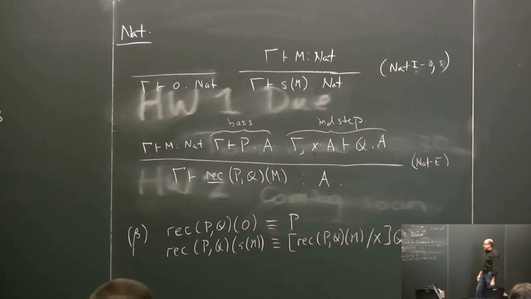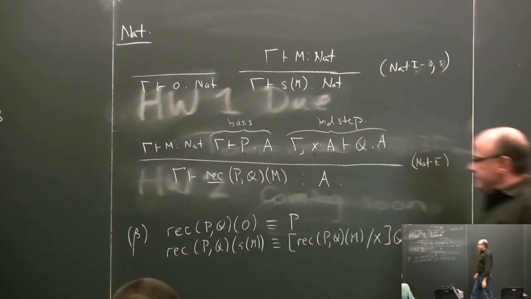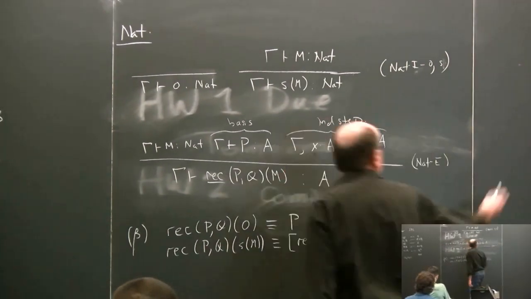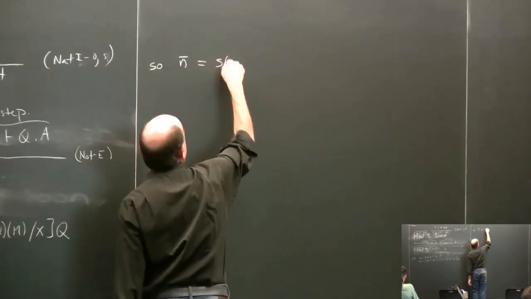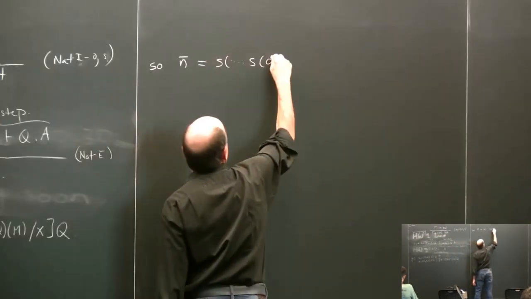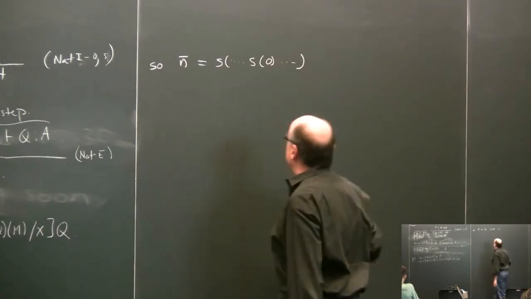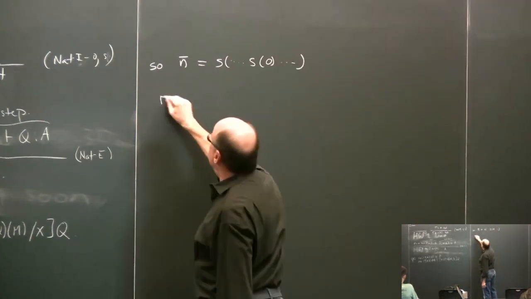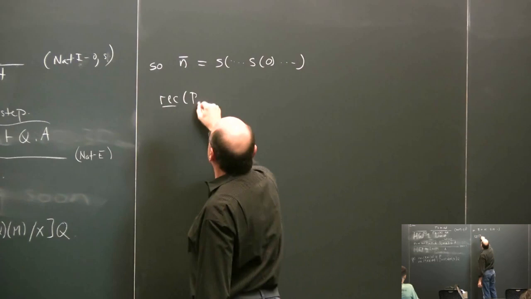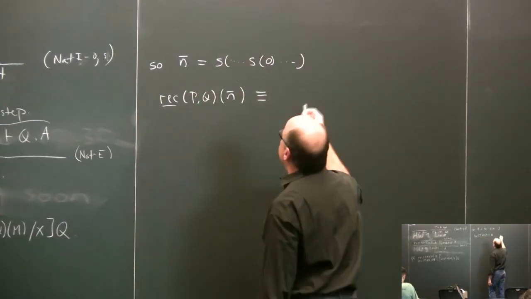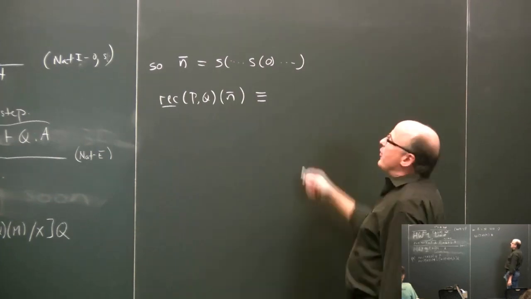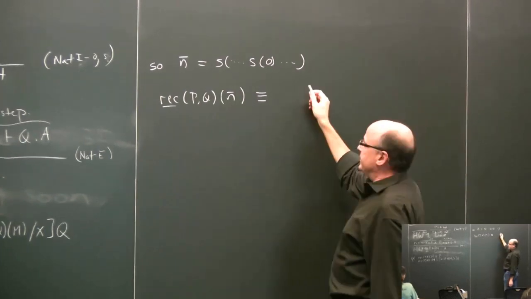So if we notice, for example, if we write n bar for the n-fold successor on 0, so that's the numeral n. Then if you look at rec P Q on a numeral, definitionally, what is that going to be? Well, it's slightly awkward to write it, so I'll cheat in my notation.